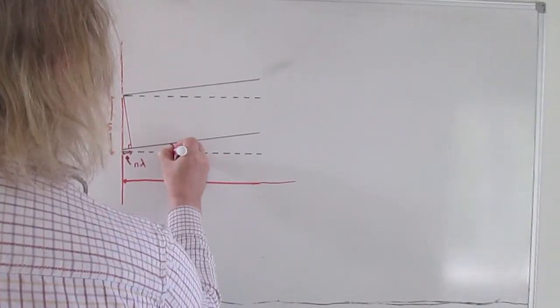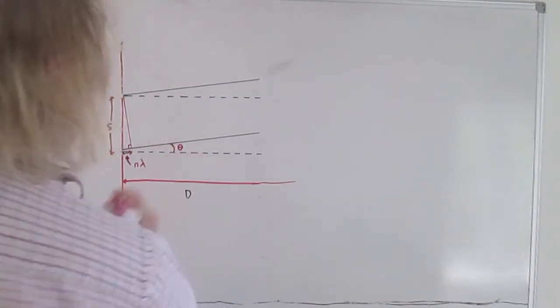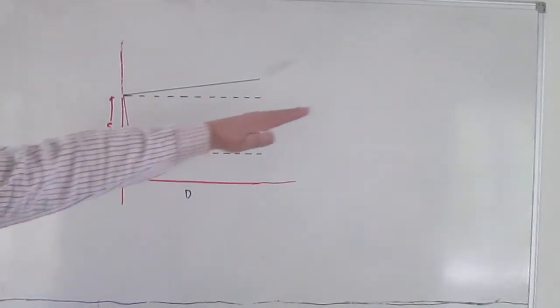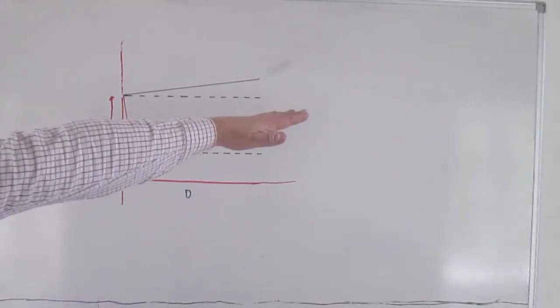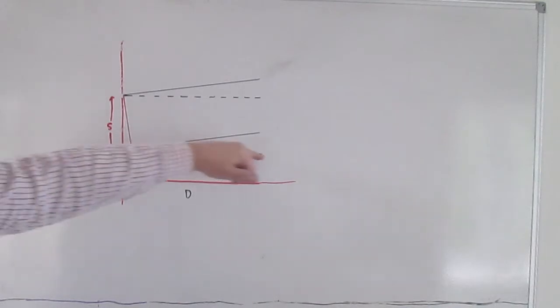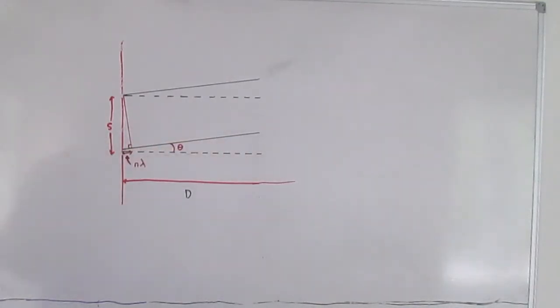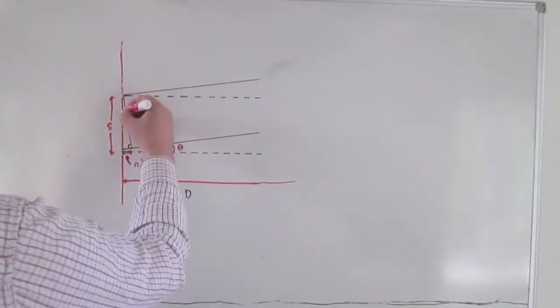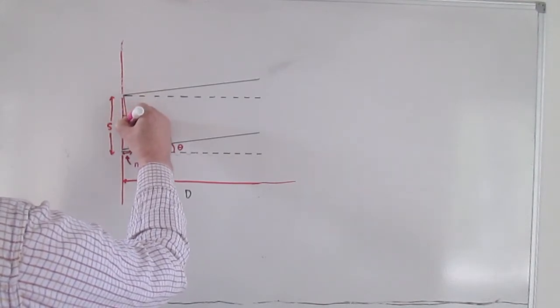If this angle is theta, so that's the angle between the ray of light coming through here, the diffracted ray, and the normal, the perpendicular line like that, then you can see just by considering triangles that that angle must be 90 minus theta, and therefore, because this is a right angle triangle, this is also theta.